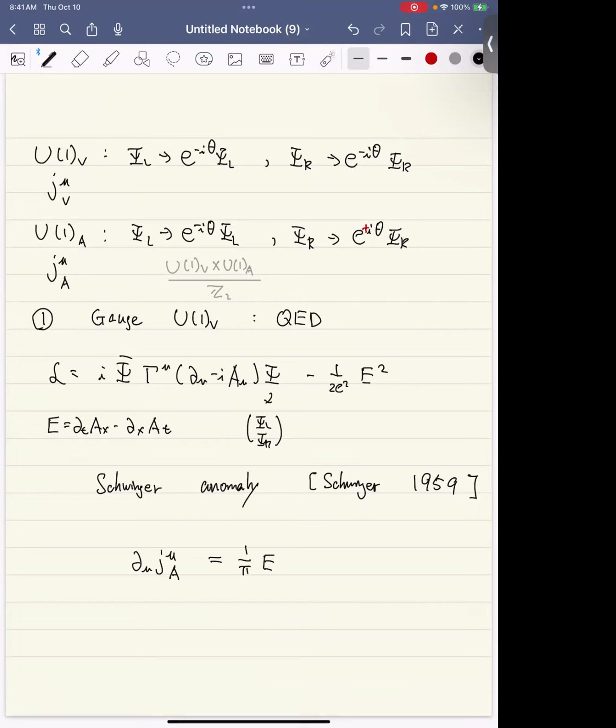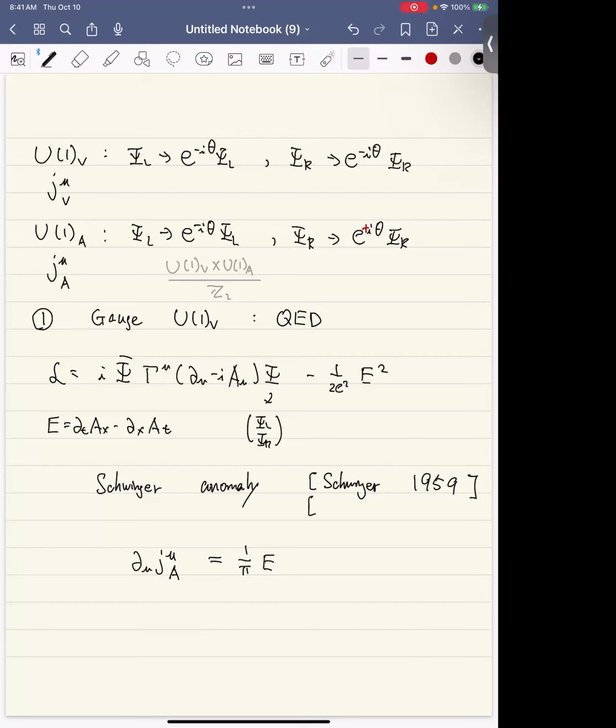So many people refer to this anomaly. The statement of this anomaly is that classically the Lagrangian has an axial symmetry, but quantum mechanically it is broken. So the upshot is that a classical symmetry fails to be a symmetry quantum mechanically. Many people attribute this anomaly to Schwinger, but when you actually read into Schwinger's paper, I had a hard time finding where Schwinger actually said it.